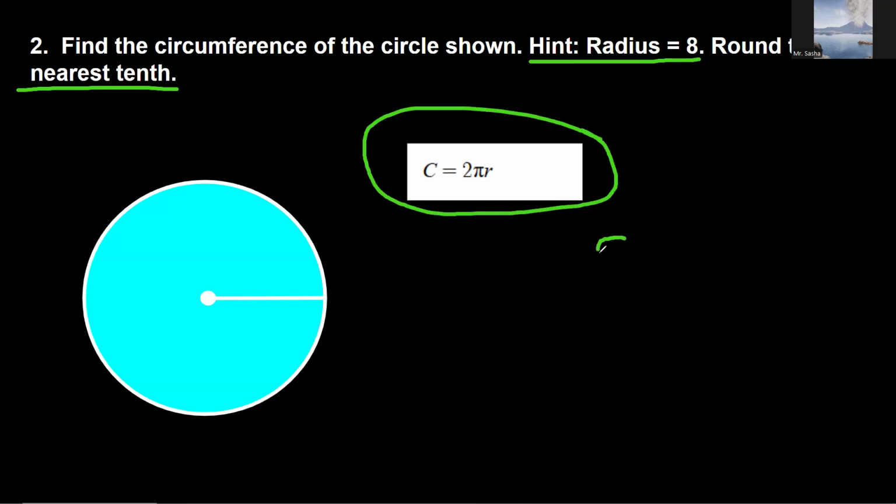Circumference equals 2 pi r. There is no squared. Now substitute 2 pi, radius is 8, like shown in the hint. Remember 2 times pi is 6.28.